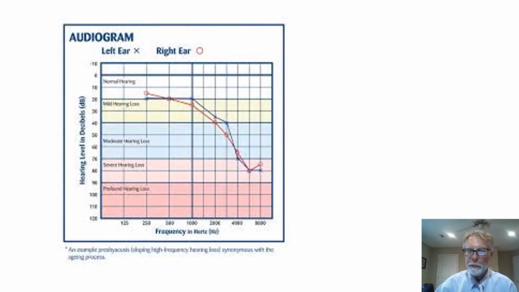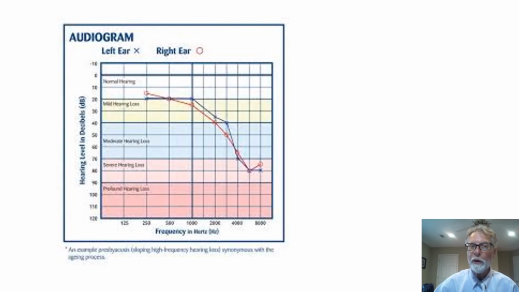Some of the frequencies before that, 2000, 1500, maybe in this moderate area, and then 1000 might be in this mild area, and it's just the low frequencies that are normal. So when this patient is hearing, he actually will say to you that people mumble all the time. And it's because he hears the low frequencies okay.